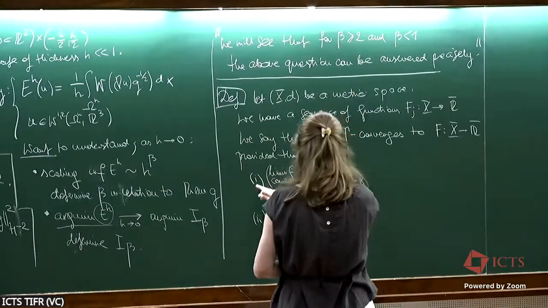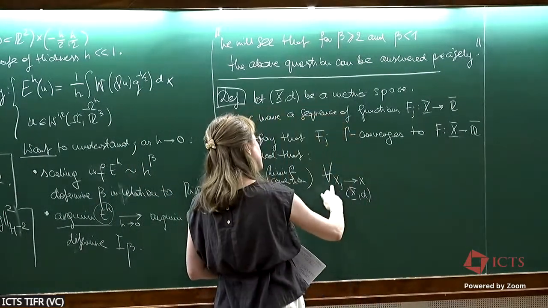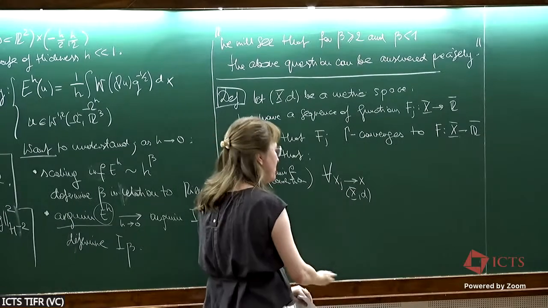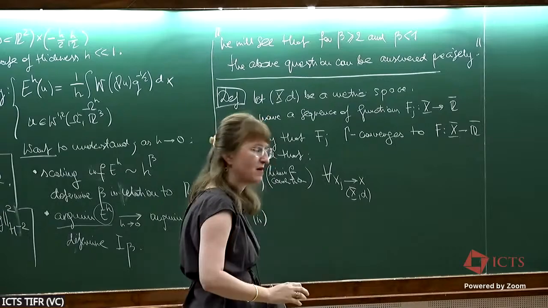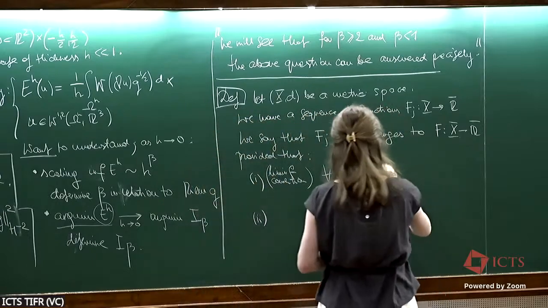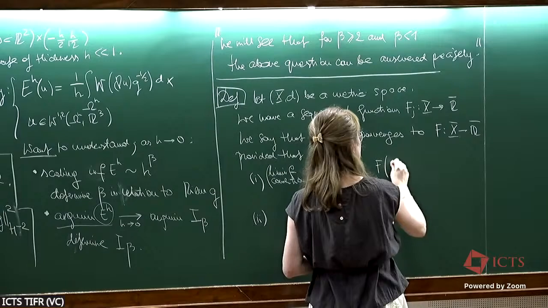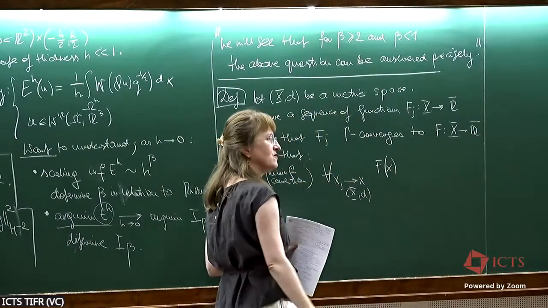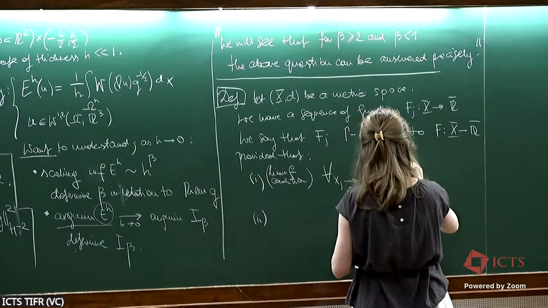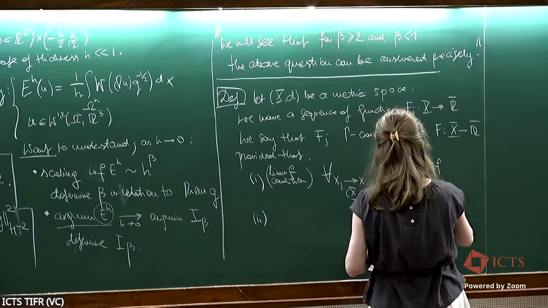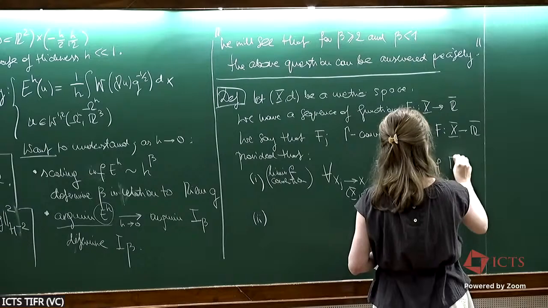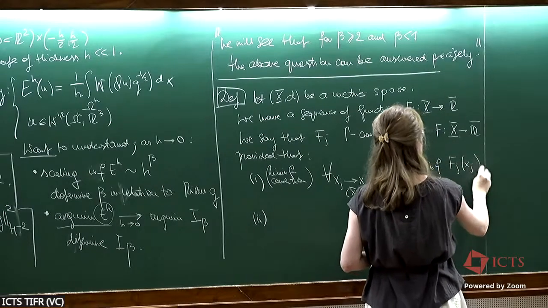So, first condition, whenever I have a sequence in the base domain of my functionals converging to something, then the value of F, this gamma limit, at the limit must be less or equal than the lim-inf when j goes to infinity of F_j(x_j).